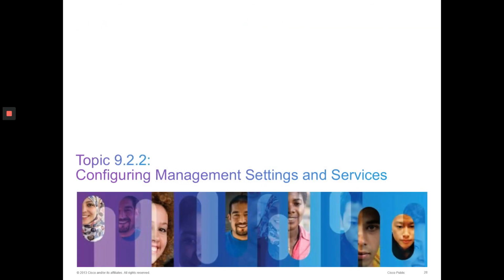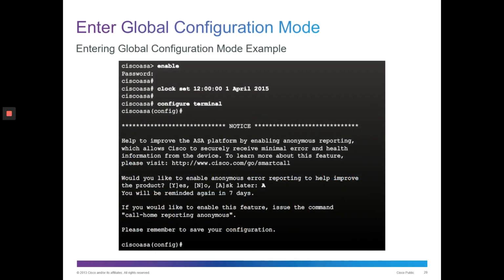Now we can configure management settings and services. Again, you can set up the clock. I'm not going to discuss how to set up the clock because I'm sure you guys are aware of this one. But the commands are here. What they are saying is you have to type enable, then go to the user exec mode, then type in the clock set command to set up the clock, and then you can type in configure terminal or config t to go to the configuration mode.